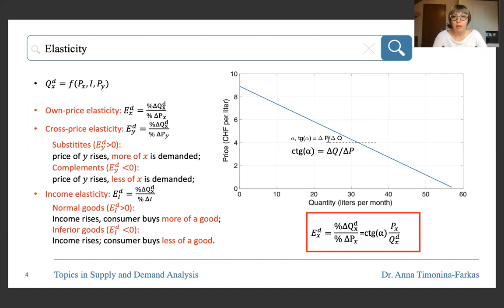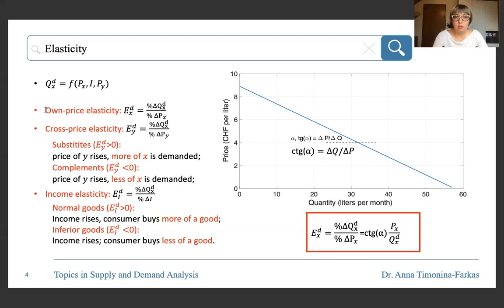And that is why a very important concept presented in CFA Level 1 takes into account the percentage movements of the quantities and the percentage movements of the price, which neglects actually the effect of measures of particular prices or quantities.